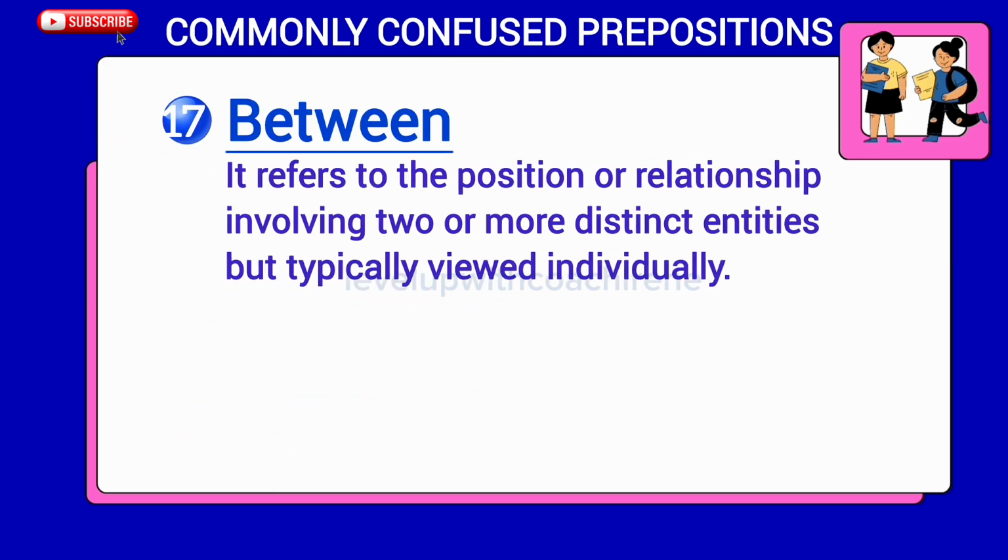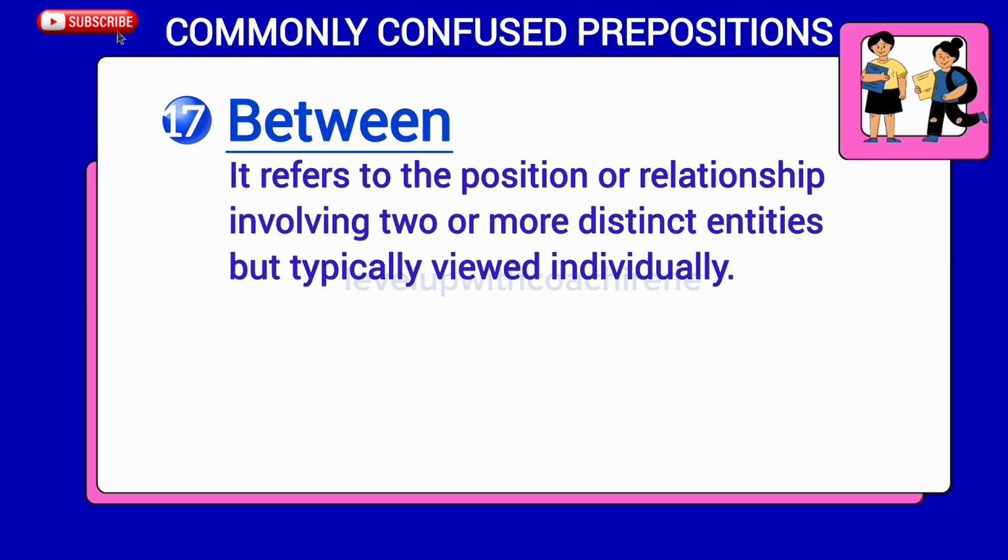Between refers to the position or relationship involving two or more distinct entities, but typically viewed individually. It suggests a clear separation or distinction, used when talking about two things or when the entities are seen as distinct individuals, even if they are more than two.